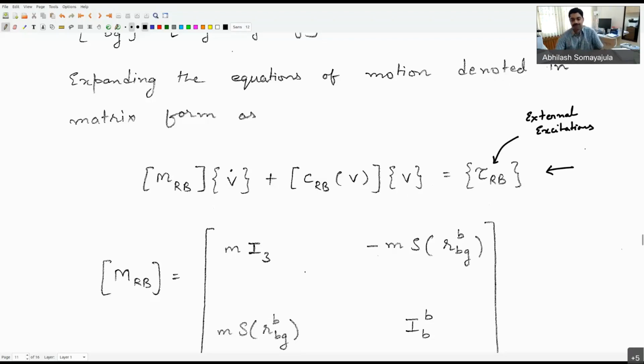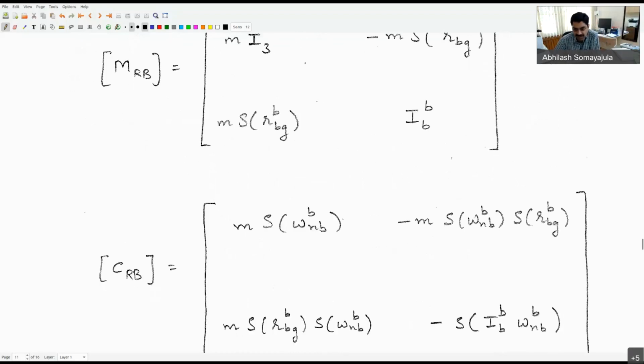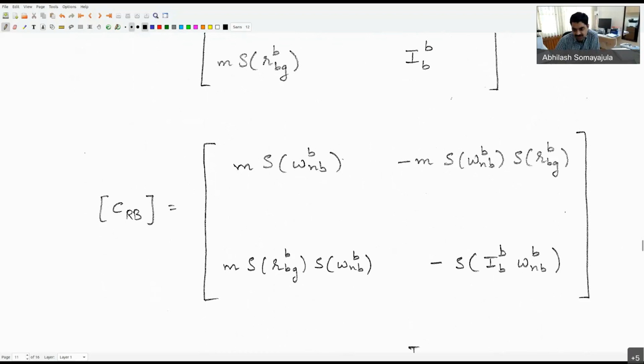Okay, all right. We saw what is the form of this mass matrix, and we also derived what is the form of this Coriolis matrix, and we saw that this Coriolis matrix can now be expressed as shown here. When we originally derived it, we first derived this with respect to the center of gravity, but now this is expressed with respect to the coordinate origin CO. And that is why we had to make some changes.